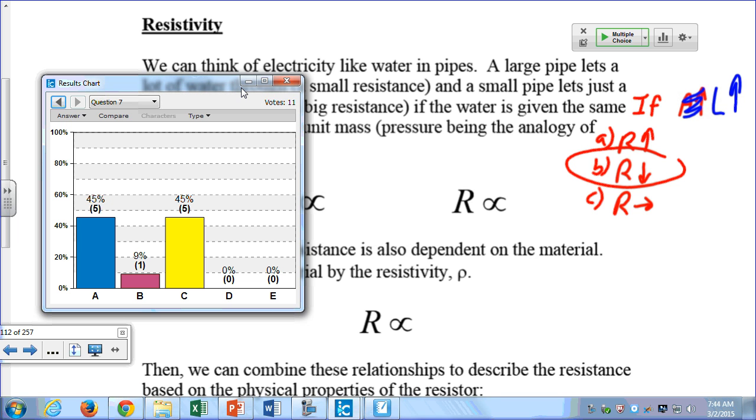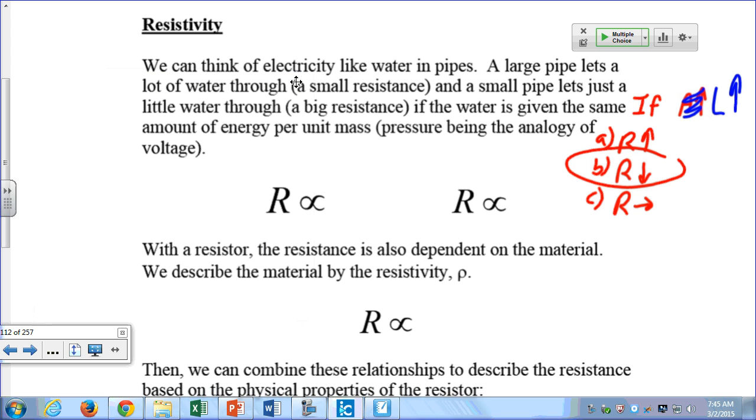It's going to require more pressure. So when you increase the length of a device, that increases its resistance. That's true for water flowing through a pipe. It's also true for electricity flowing through a piece of metal or a piece of wood or whatever it is you're trying to put it through. So whenever you increase the length, that increases the resistance.